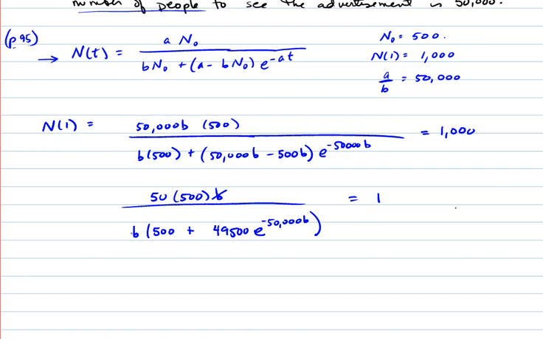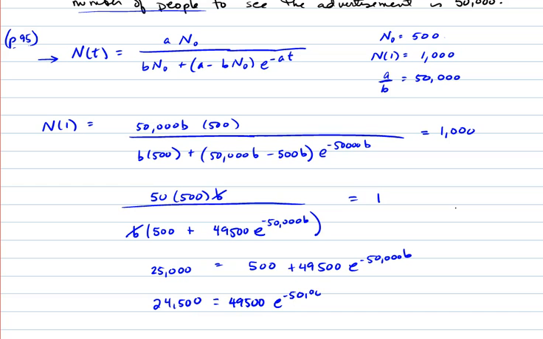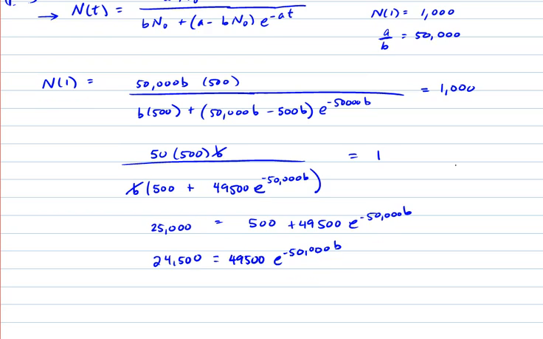You can see this b can cancel with that b. And finally, I'm going to multiply by this denominator on the other side, and I have 25,000 is equal to 500 plus 49,500 e to the minus 50,000 b, or 24,500 is equal to 49,500 e to the minus 50,000 b.